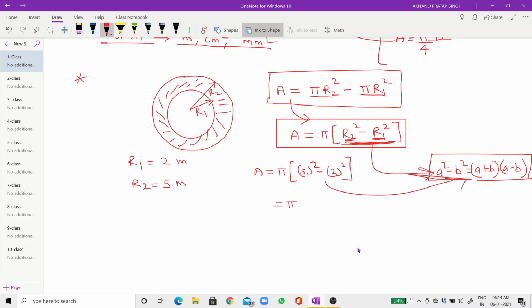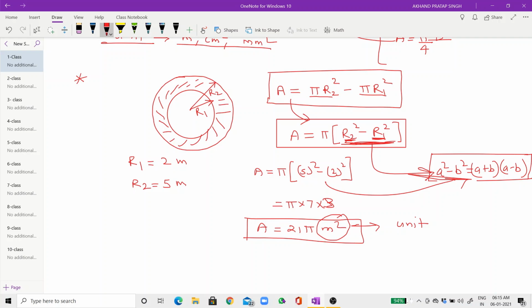So pi times 5 plus 2, that is 7, and 5 minus 2, that is 3. So 7 times 3 is 21, so 21 pi meter square. Be very careful about the unit. It is meter square. Meter square is a unit of area.